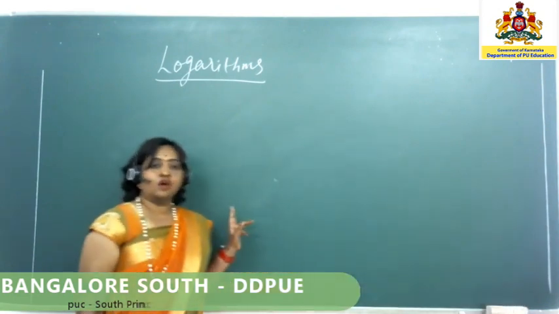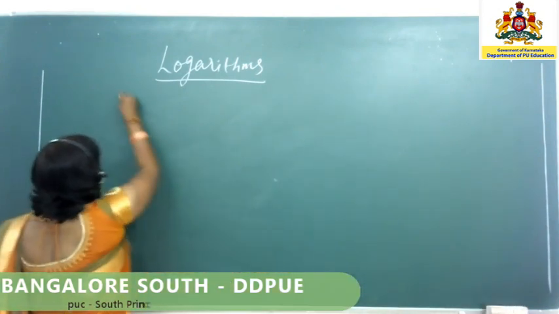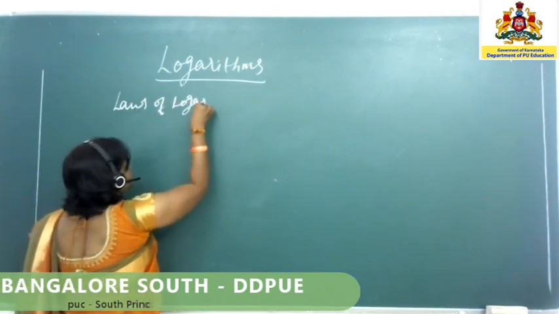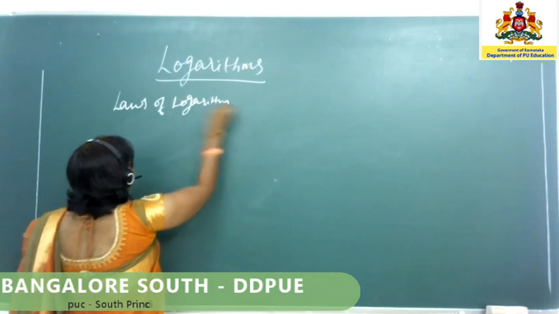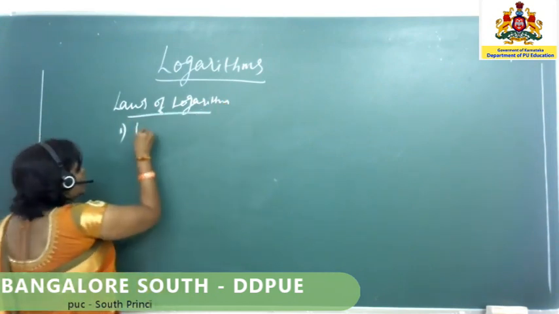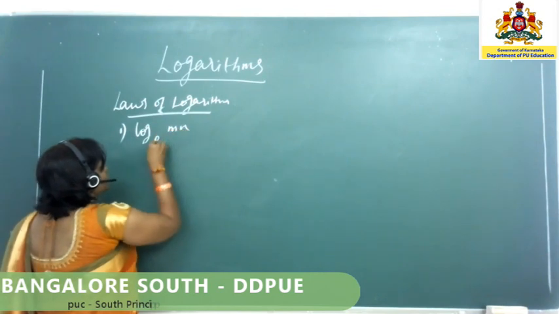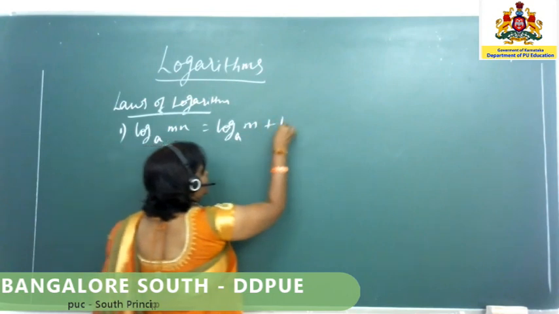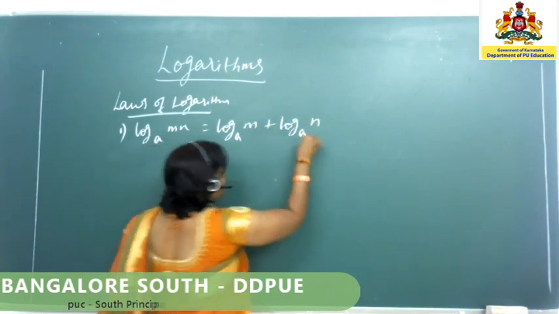Next come the laws of logarithms. The first one: log mn to base a is equal to log m to base a plus log n to base a.